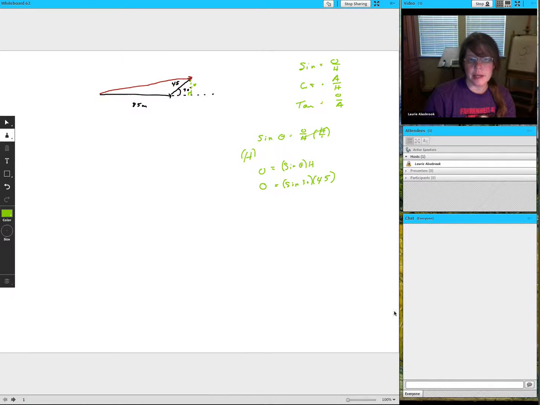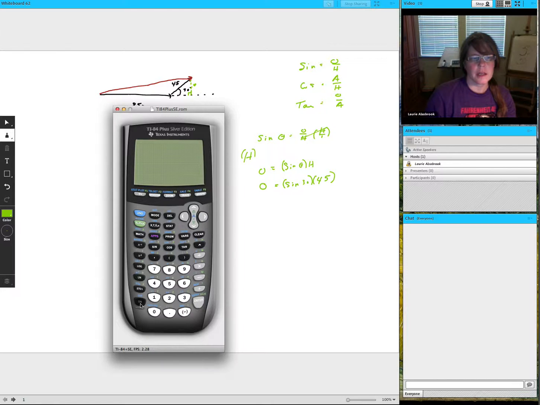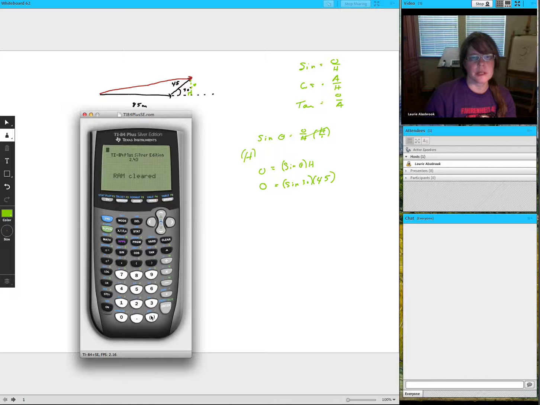So let's get out our calculator. All right. And let's put those numbers in here. Now the first thing I want to do is check and make sure that this is not set in radians, because if it is, I'm going to get the wrong answer. So let's go ahead and check the mode, and notice that it is set in radians, so I'm going to have to go down here and then go over and set that so that it's now in degrees.